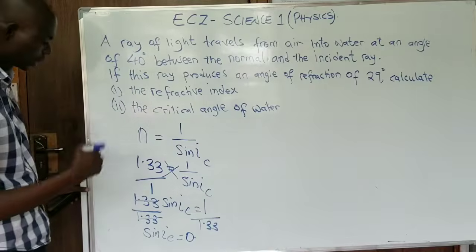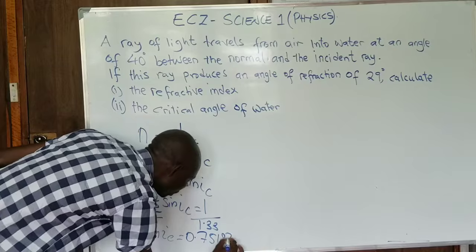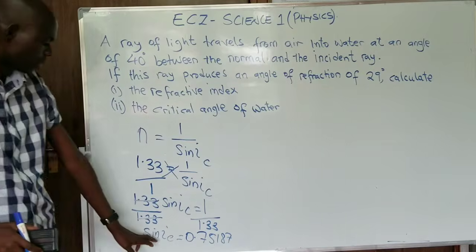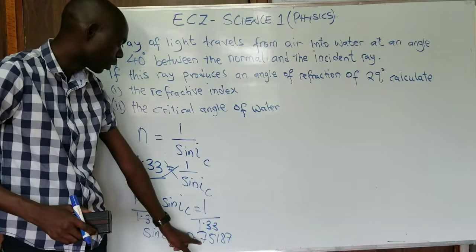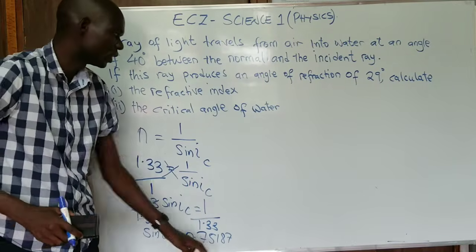You can check your calculator, and you get 0.75187. Now, we are actually looking for an angle, so we are going to find the sine inverse of this.